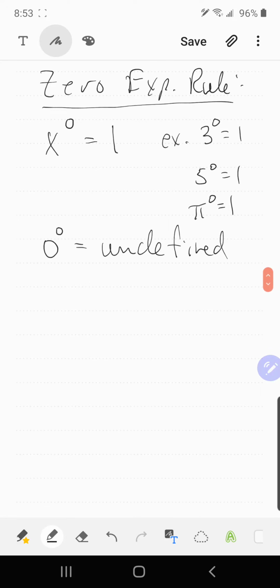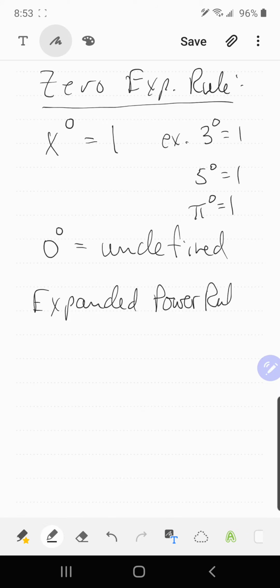All right, next rule we're going to look at is called the expanded power rule. What the expanded power rule says is that if you have several factors, like 3xy to the second, and all of that is raised to a power, say to the third.